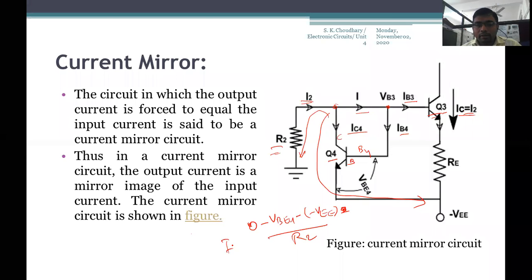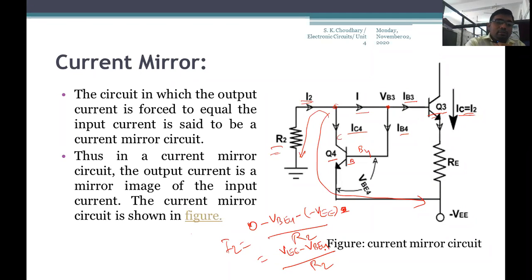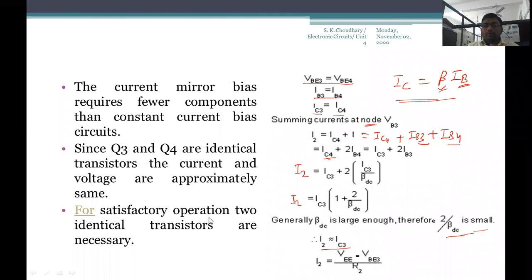That is your I2. So you can say VEE minus VBE4 upon R2. That is mentioned in the equation also. And VBE4 is nothing but VBE3. So you can write it like this.